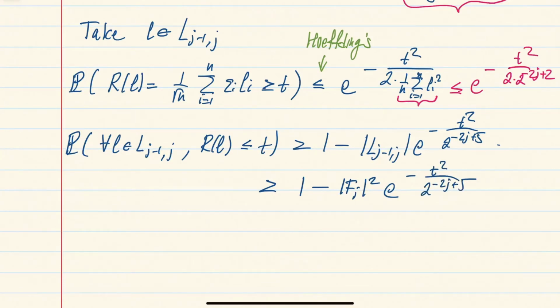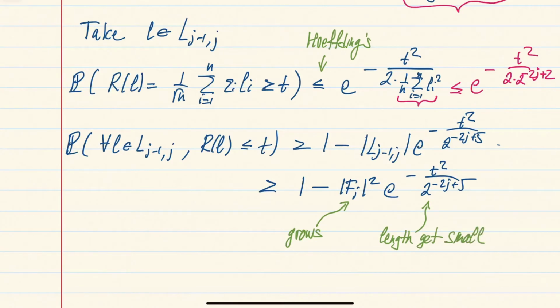And here we see this kind of competition between complexity and the size of the link. The number of links grows with j, but at the same time the size of the link, or the Euclidean distance of the link from 0, gets small.